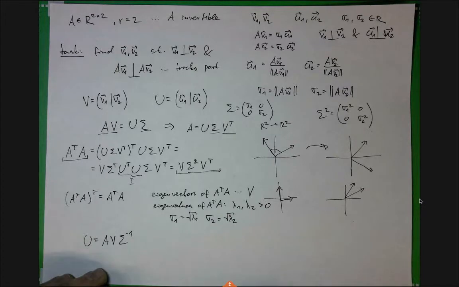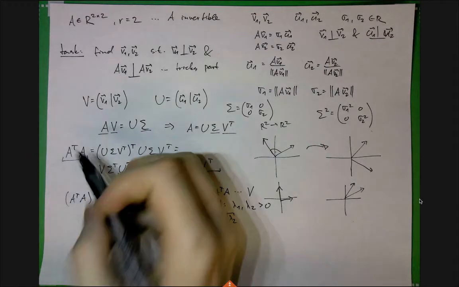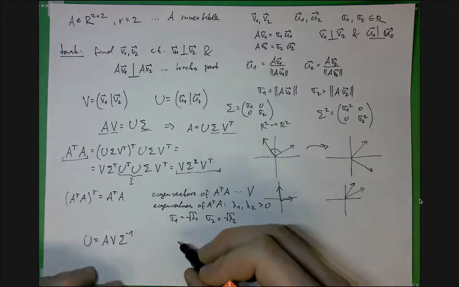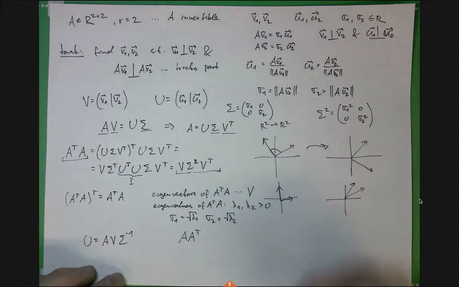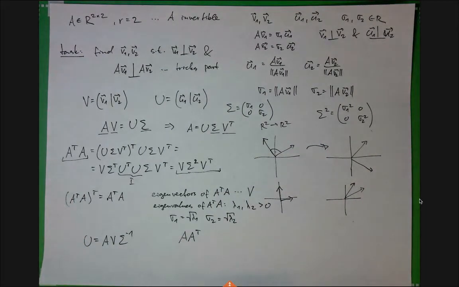There's another way I could find the left singular vectors. Do you see that way? Here I took AᵀA, right? What would happen if I took AAᵀ? AAᵀ is also symmetric, positive semi-definite, in this case positive definite, because I assume that A is invertible.